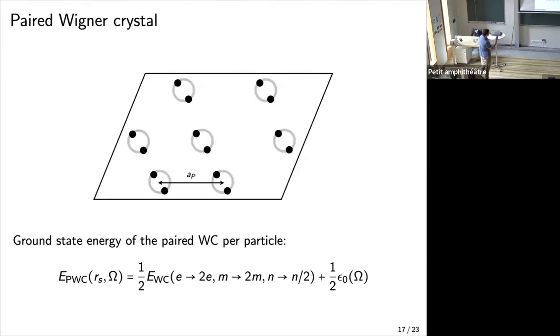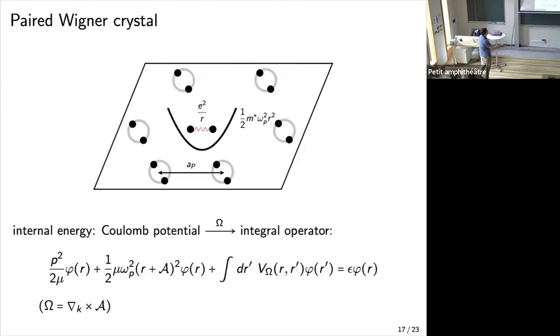Again, the way we're going to investigate the internal energy of the pair is by opening up the pair. Remember, we had this picture of some kind of effective two-electron quantum dot problem, where we have these two electrons interacting with Coulomb forces sitting in the harmonic confining potential from all the neighbors. And the way the Berry curvature enters into the description of the relative motion of the pair is in the following way.